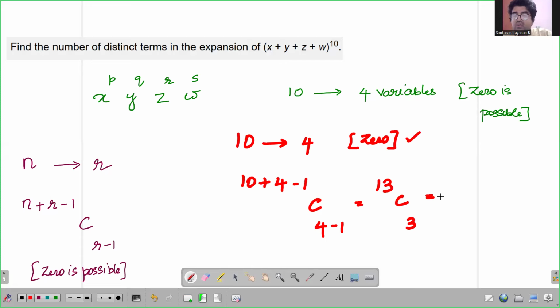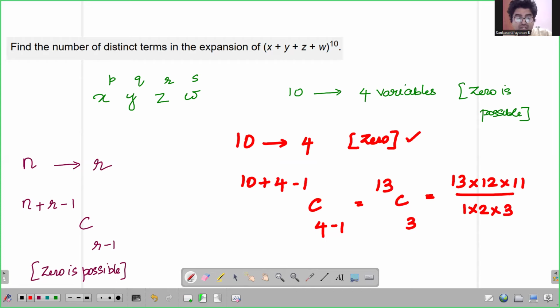286. Okay, so 286, what I meant. 13C3 is nothing but 13 into 12 into 11 divided by 1 into 2 into 3.